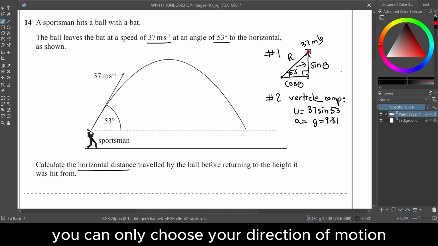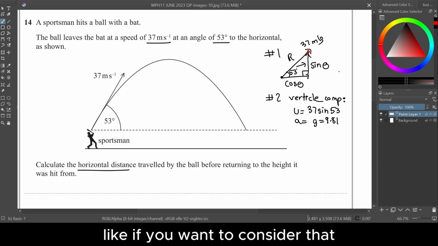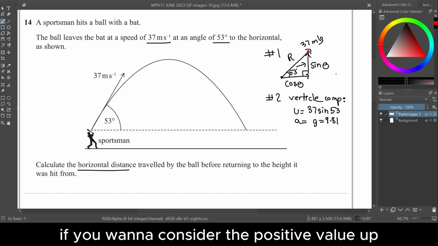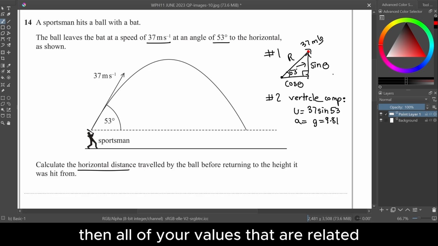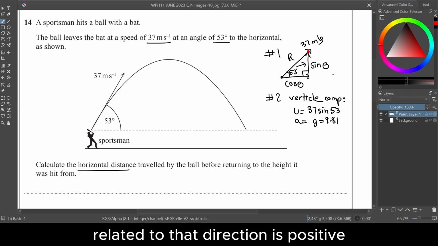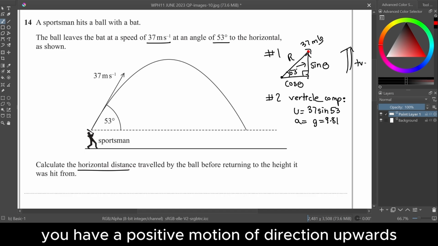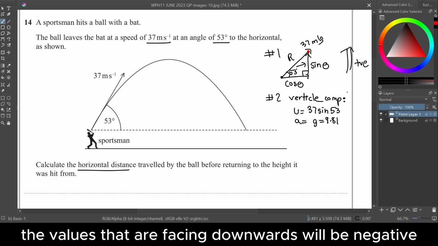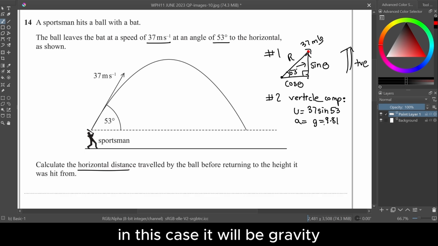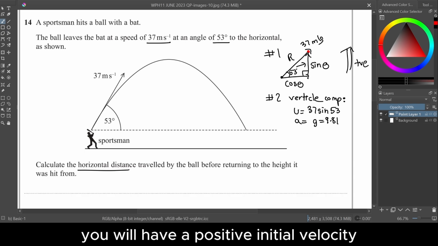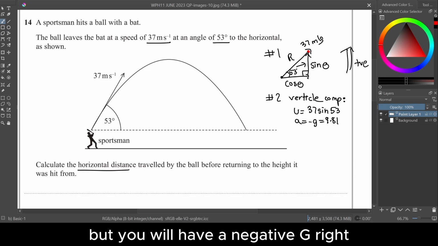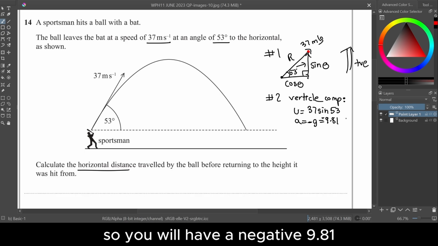You can only choose your direction of motion, basically where your ball is going. If you consider the upward direction positive, then all values in that direction are positive, and whatever values are facing downwards will be negative. In this case it will be gravity. You will have a positive initial velocity, but a negative g, so negative 9.81.